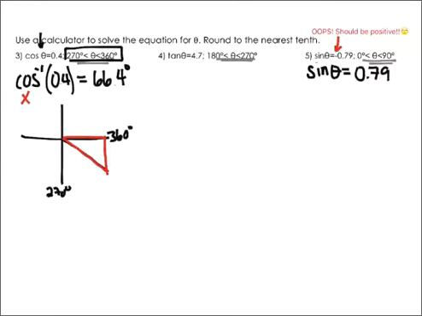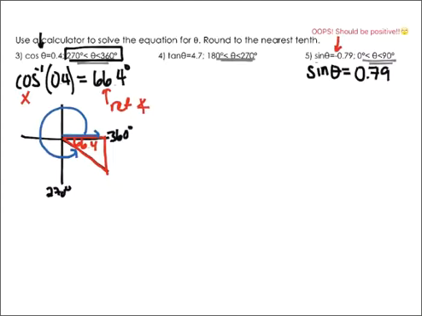And what I told you really here is what would be the reference angle. So this angle right there is 66.4 degrees, which means, remember, an angle always starts on the positive x-axis and goes all the way around. So that's actually the angle that I'm looking for. So we're kind of undoing the reference angle here.